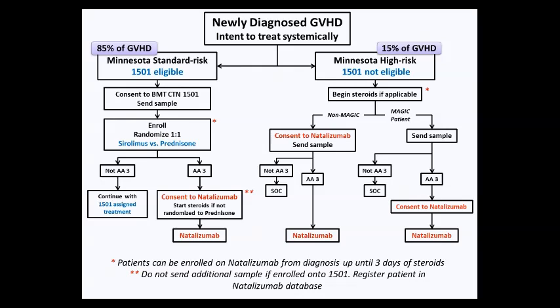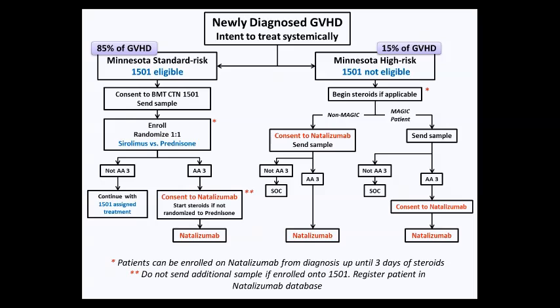If they come in on the weekend and you can't wait to start treatment, they can't be enrolled or randomized on the 1501. So you start the steroids over the weekend, they automatically become 1501 ineligible, and they are only eligible for natalizumab, if they are number 3. I understand that. We're going to miss some patients.